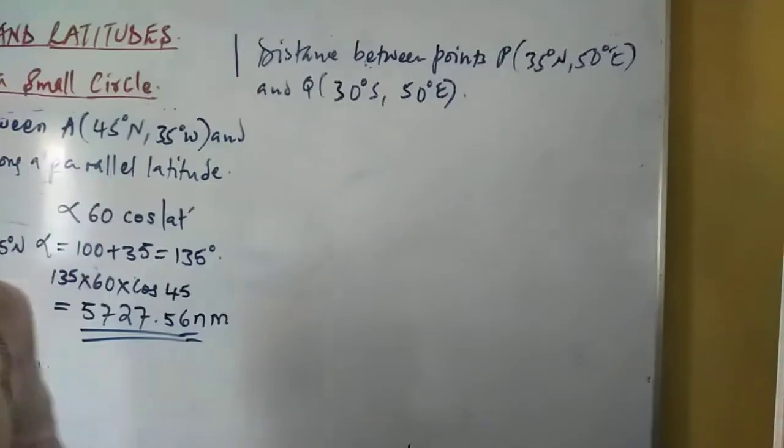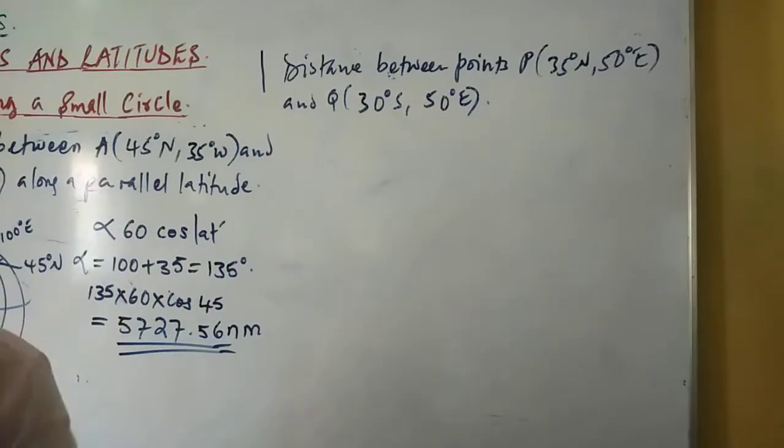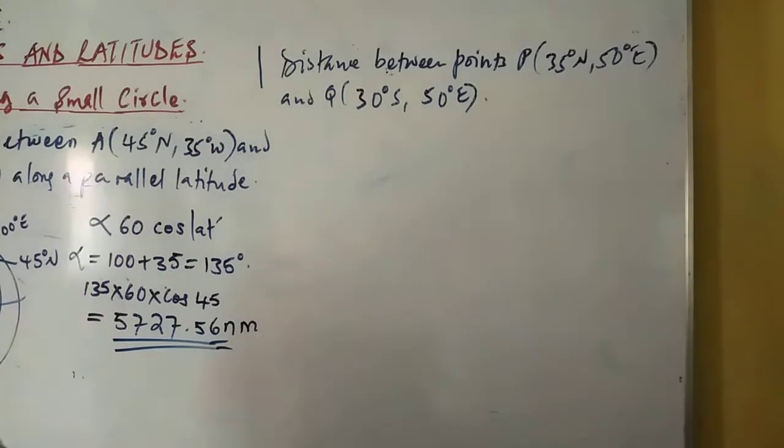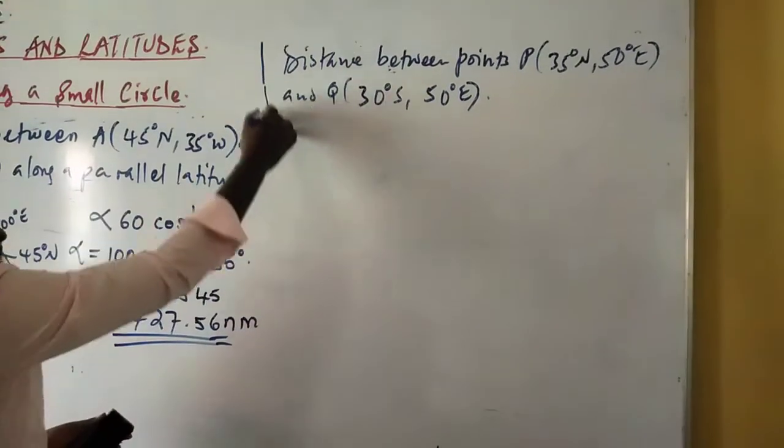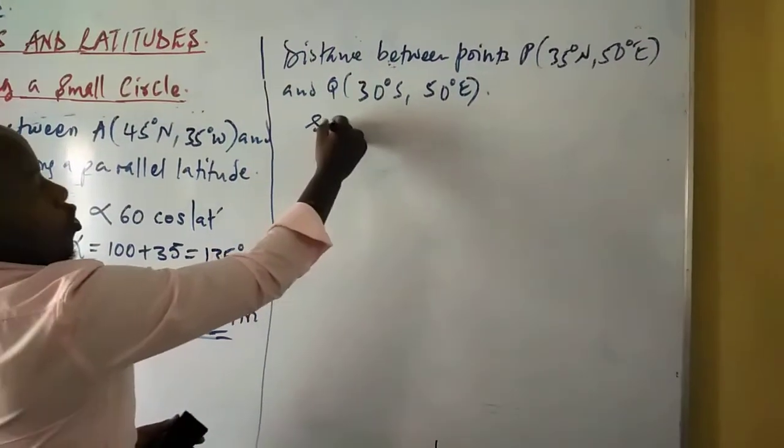Find the distance between point P with the given coordinates and point Q with the given coordinates.